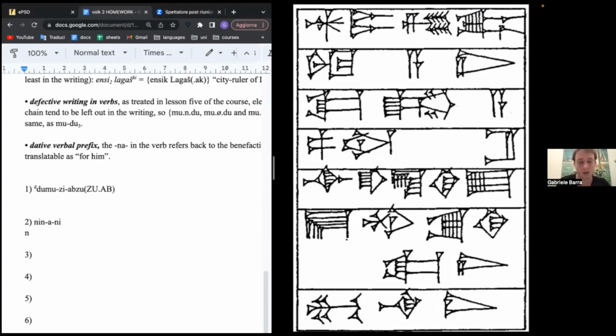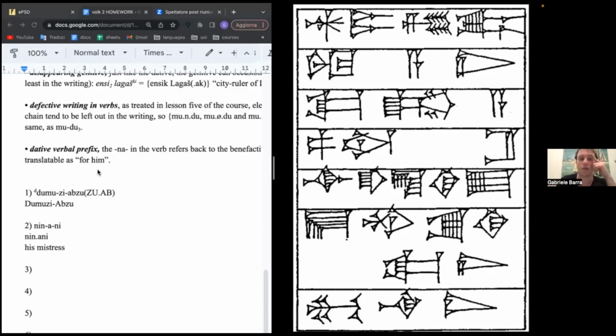So nin, and then ani. So his mistress. There's not much to analyze here. Okay, very good. So let's move on to line number 3.